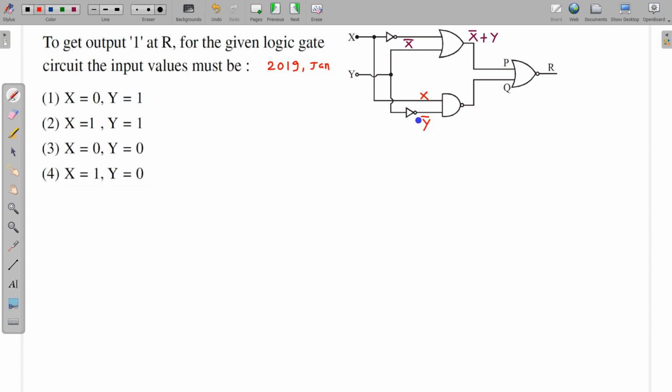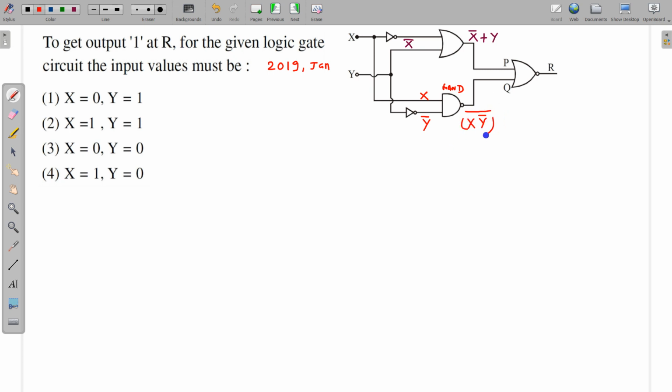So X and Y bar, and all this is passing through this NAND gate, so from this NAND gate we will get AND of it and bar on it.